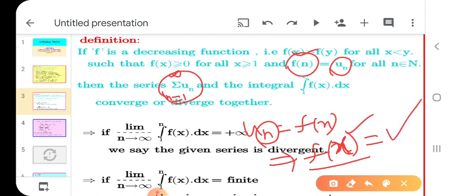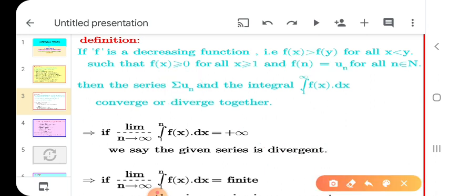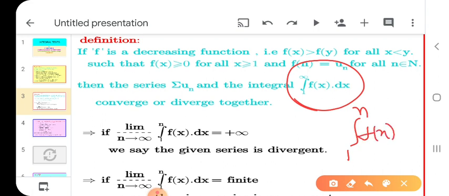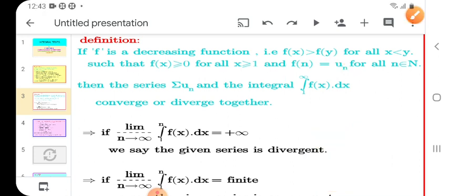Next, I find the integral value from 1 to infinity of f of x dx. For finding this integral, first I find the integral from 1 to n of f of x dx. That means the partial sum. First I find the integral of the partial sum. After that I apply the limit as n tends to infinity. Okay, is it clear or not?